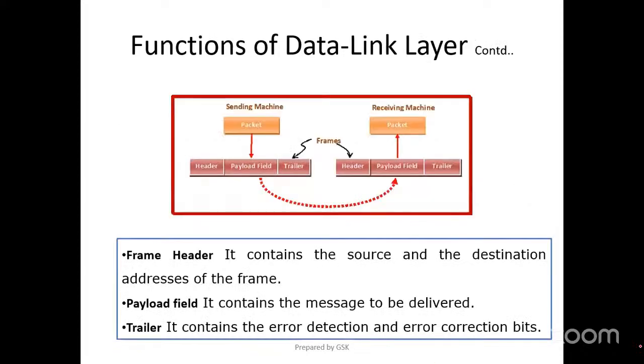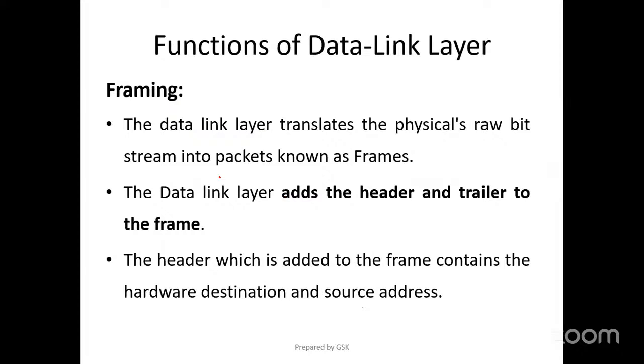This is the frame structure. This is one frame and this is another frame. A frame has a header, trailer, and payload. The header consists of a hardware address. The header added to the frame contains the hardware destination and source address: from where you are sending to where you are sending the data.